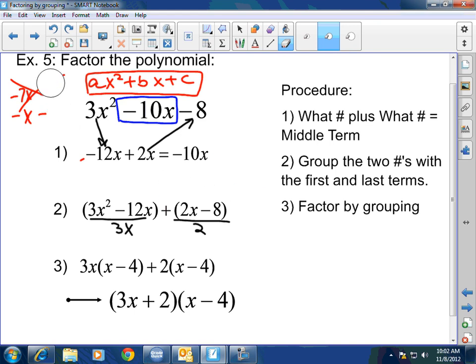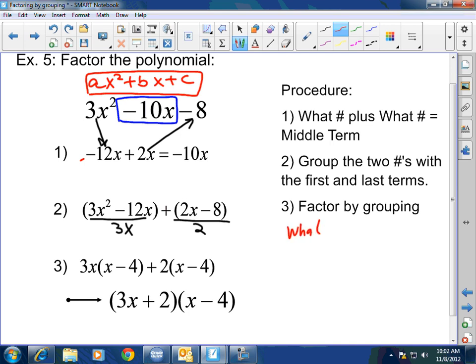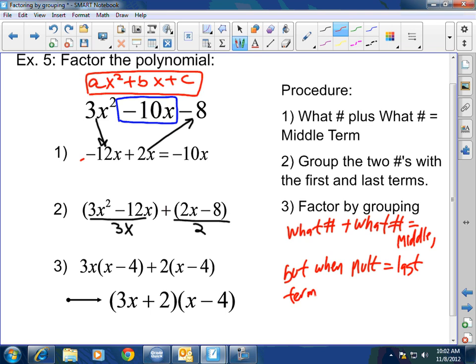Now, what's a nice, easy way to find a combination? Do it like this. What number plus what number equals the middle term, comma, but when multiplied equals the last term times the first term.